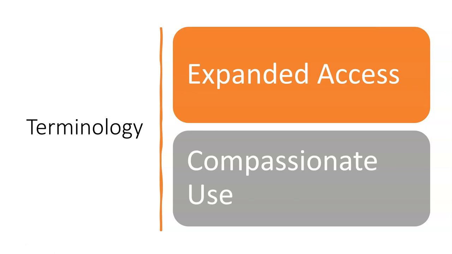Now, going forward, a couple more terms. Expanded access is a term to give use of the drug to people that need it really quickly. It's also known as compassionate use. So these are kind of similar terms.